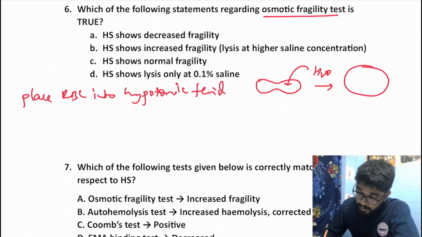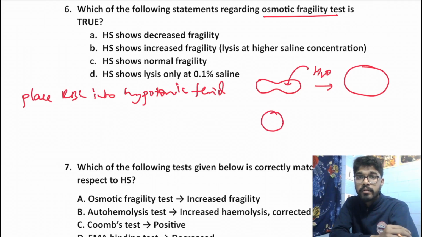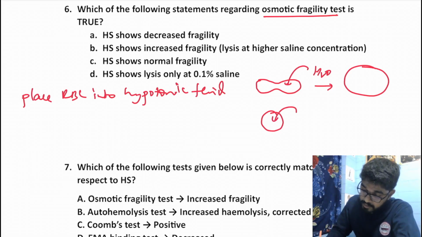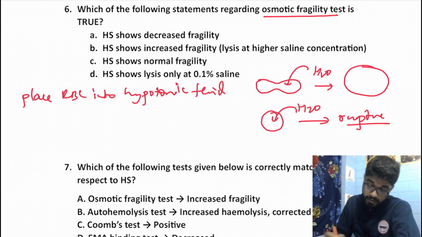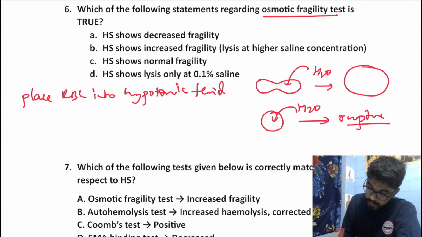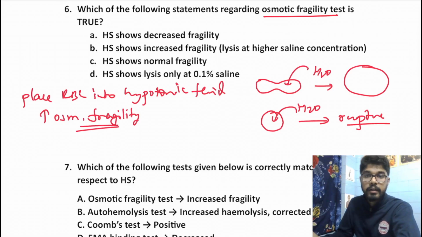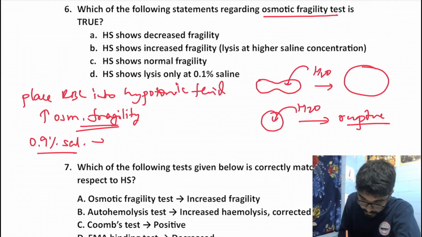But in hereditary spherocytosis, when there is already a spherocyte, when there is no more space to expand, and it is placed in a hypotonic solution and water enters, there would be rupture of the cell. So this increases our osmotic fragility. We all know that 0.9% saline is isotonic.